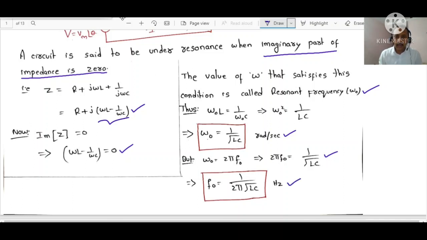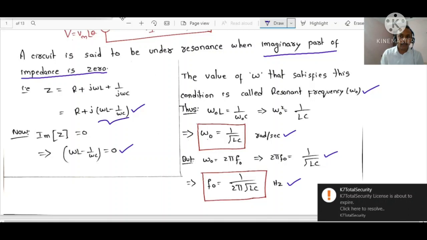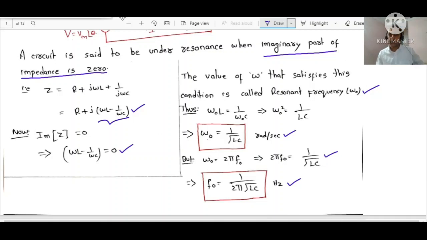If it is simply 1 by root LC, the units are radians per second. If it is 1 by 2 pi root LC, the units are Hz. Clear? Out of this entire discussion, the important point is you just find the impedance and make the imaginary part of the impedance equal to 0.